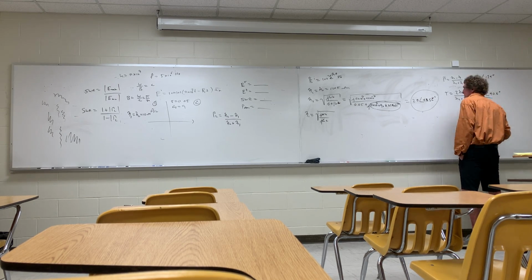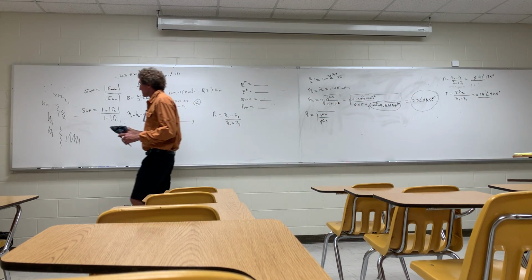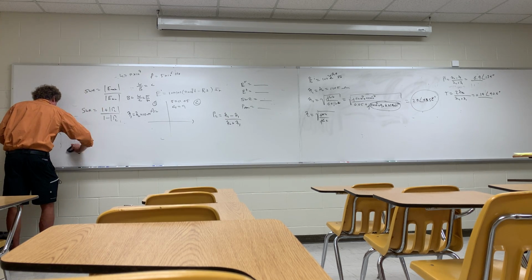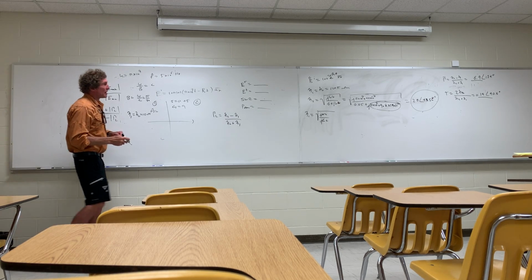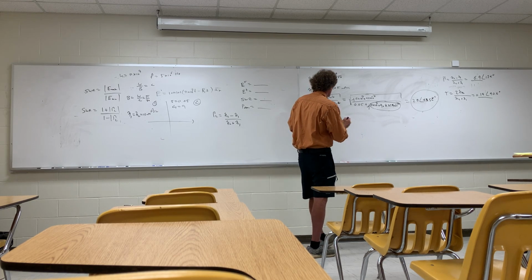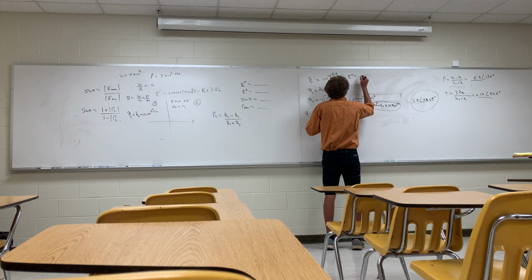Okay. We've got that. Now, we can come over here. And I can say, if that's the incident field, I know that the reflected field is just going to be incident field times the reflection coefficient, right?